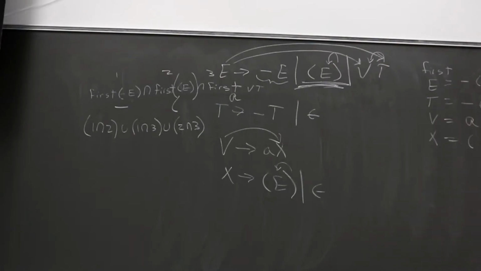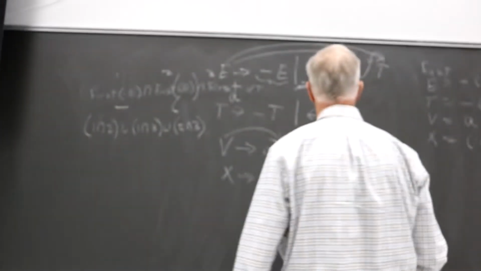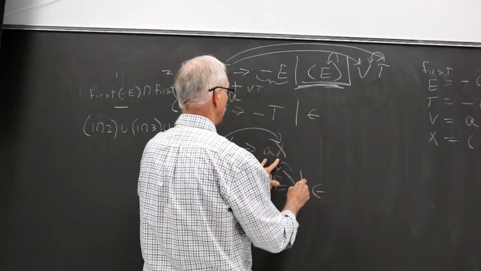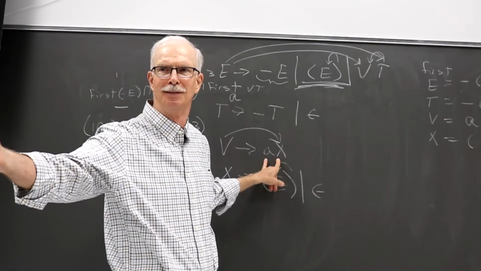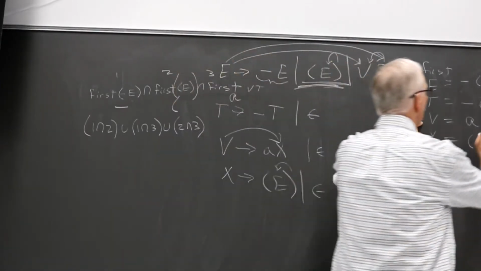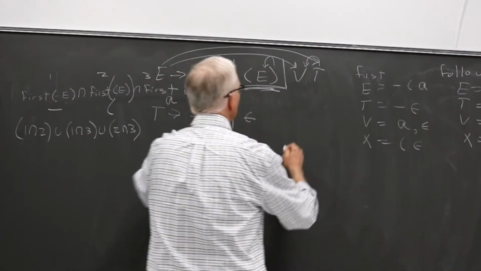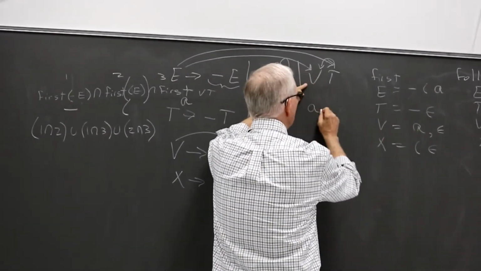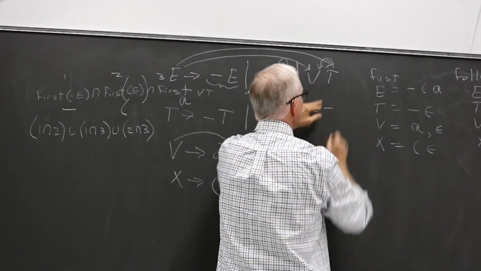And if, say, V had an epsilon in its first set? What if, don't we do the follow of E then? So if V had an epsilon, don't get confused if I change the example. If V had an empty, then when I do the first of VT, the first of VT is going to be A, and then since V can go away, then it's going to be minus.